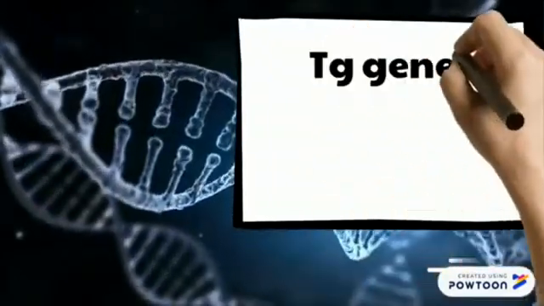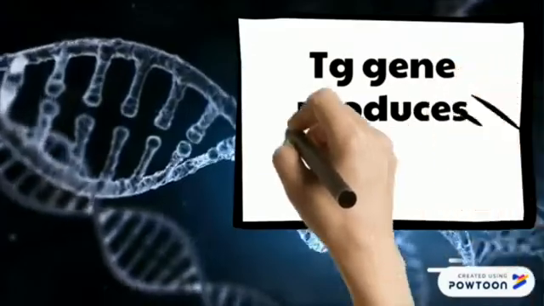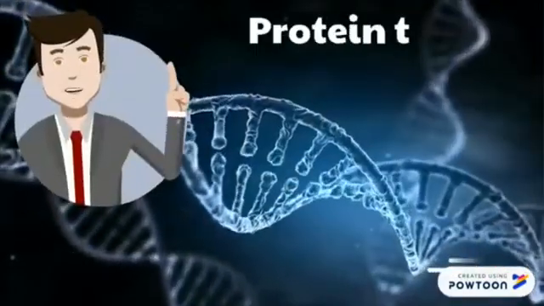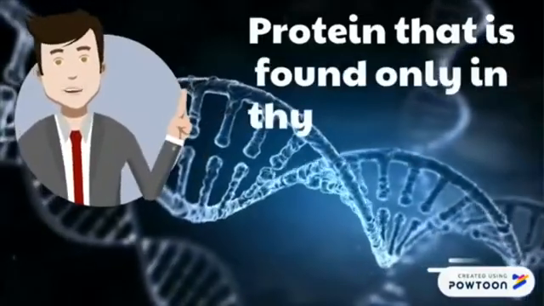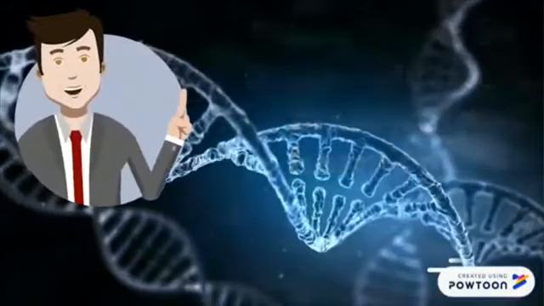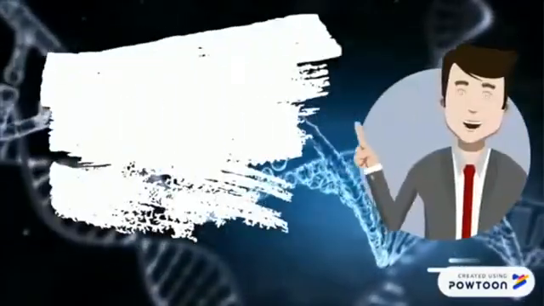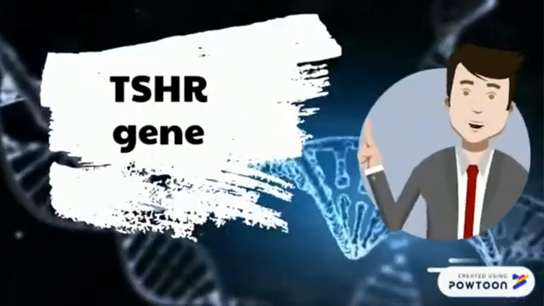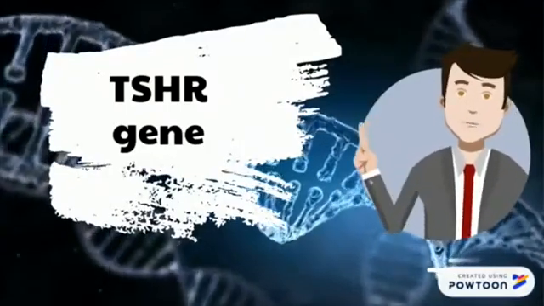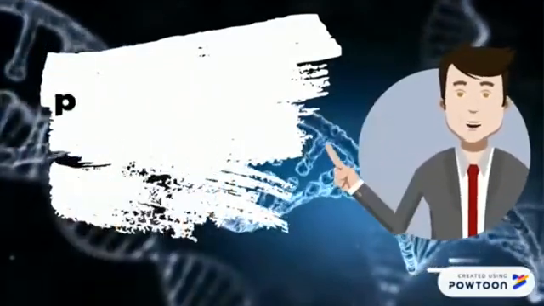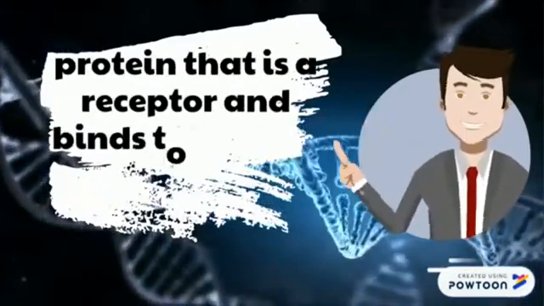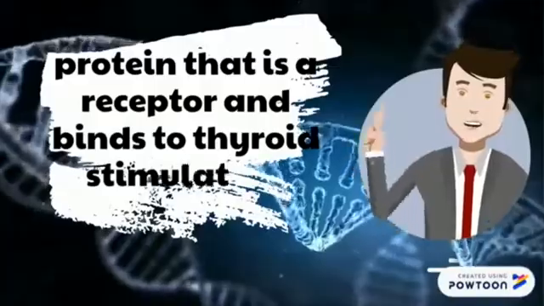The thyroglobulin gene produces thyroglobulin, which is a protein that is found only in thyroid tissue and plays a role in the production of thyroid hormone, while the TSHR gene, or the thyroid-stimulating hormone receptor gene, produces a protein that is a receptor and binds to thyroid-stimulating hormone.